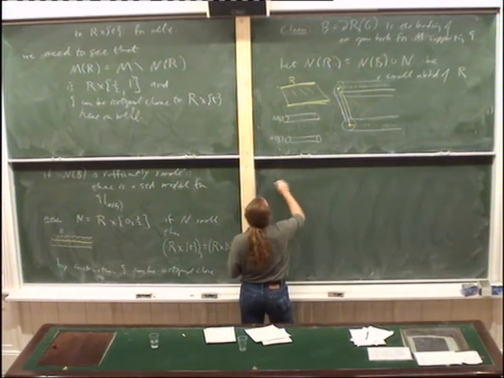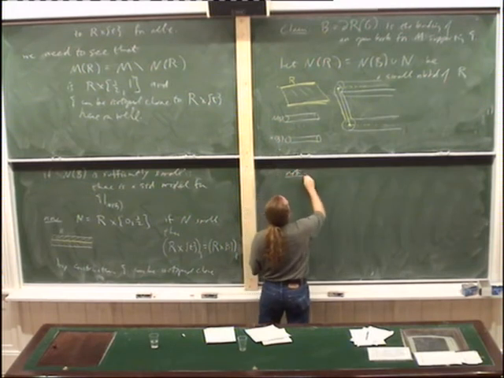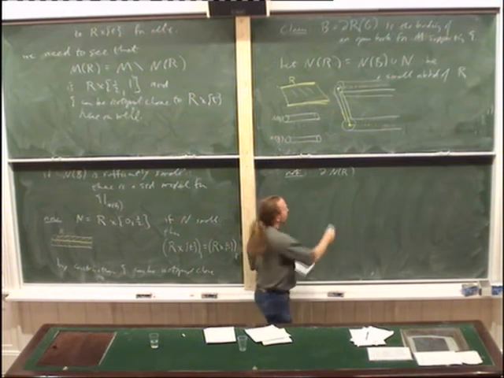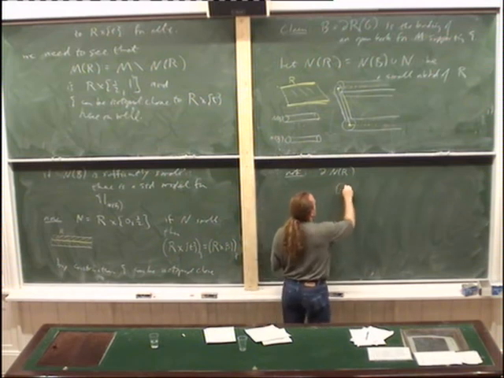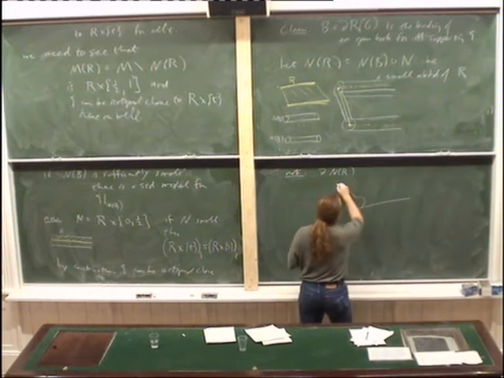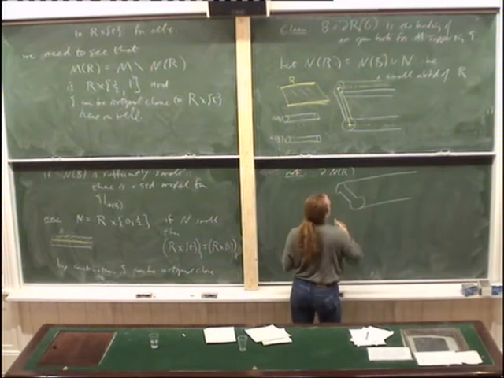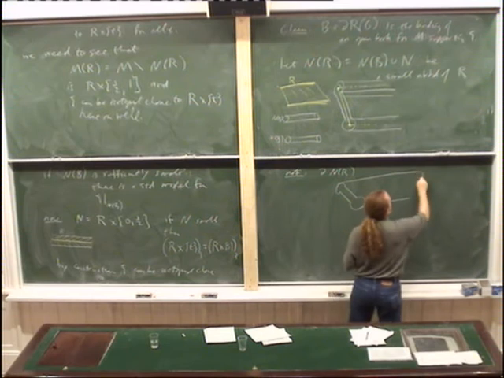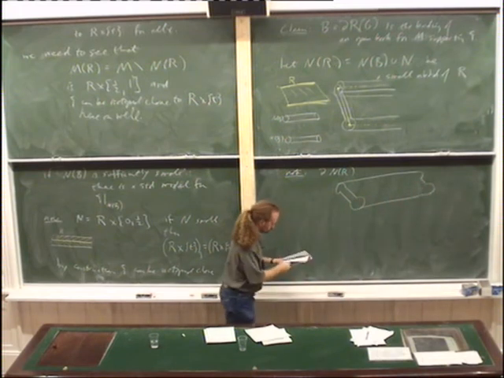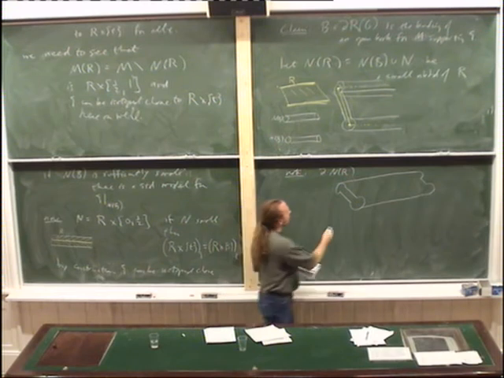Well, so first what we need to do is note, what does the boundary of N_R look like? Well, the boundary of N_R is something like this, kind of locally. Right, so it looks something like that. And we know what the foliation looks like at the top.